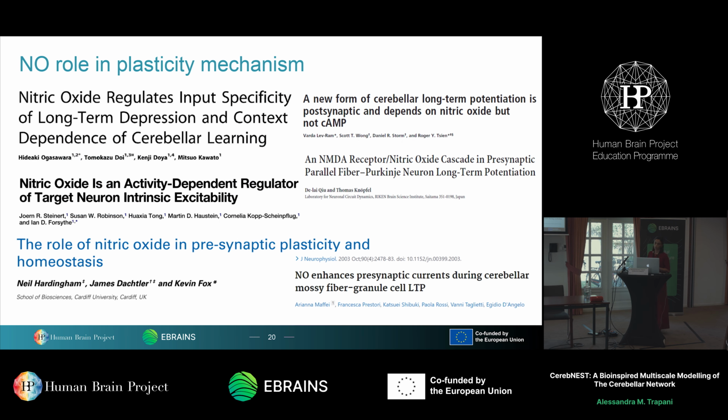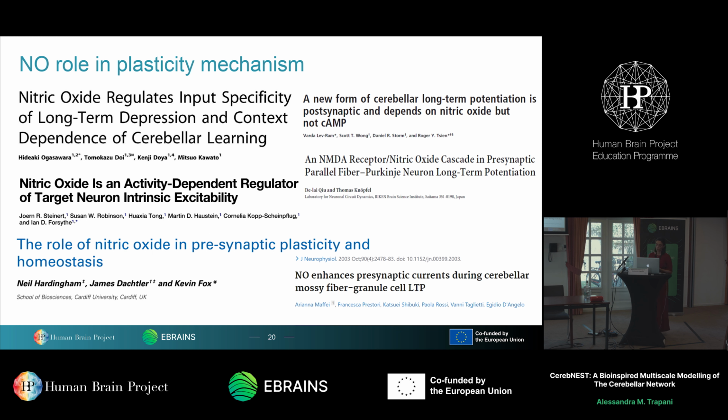The very last step, as I was saying, is modeling the role of the nitric oxide in the plasticity mechanisms. There is quite a bit of evidence of the nitric oxide being involved in long-term potentiation or depression of synapses, in particular in the cerebellar cortex, but there are some discrepancies between the different experimental results.